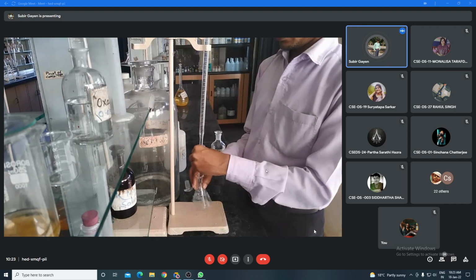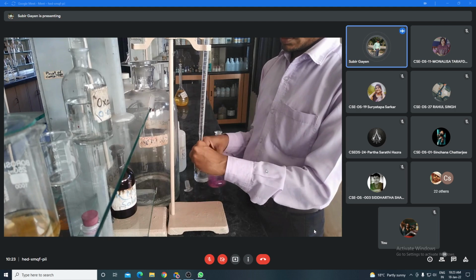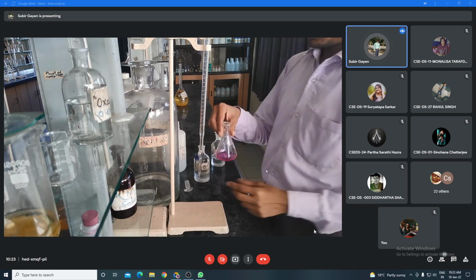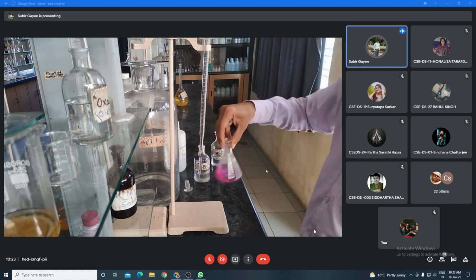All the H plus ions of acetic acid will be neutralized by the sodium hydroxide solution. Then the pink color will arise. Now the whole solution has turned pink.